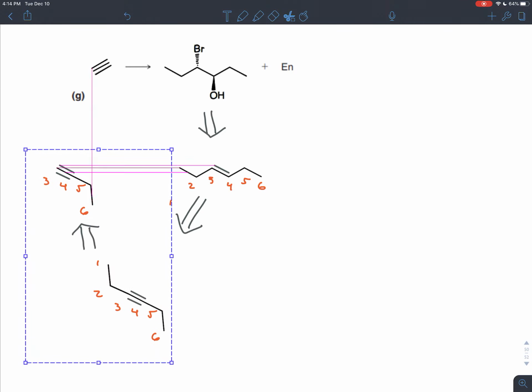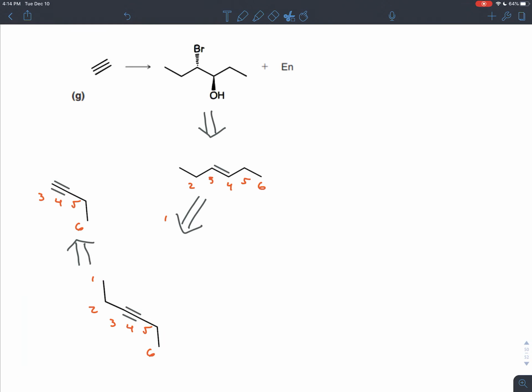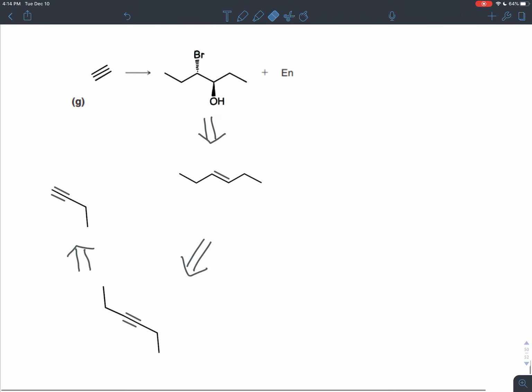Let's try just one more step. One more step, and let me just clean this up a little bit. Okay. Well, we could make that, if you notice, if you're comparing this molecule and the molecule that we have here at this point, it's this other chain that's added.